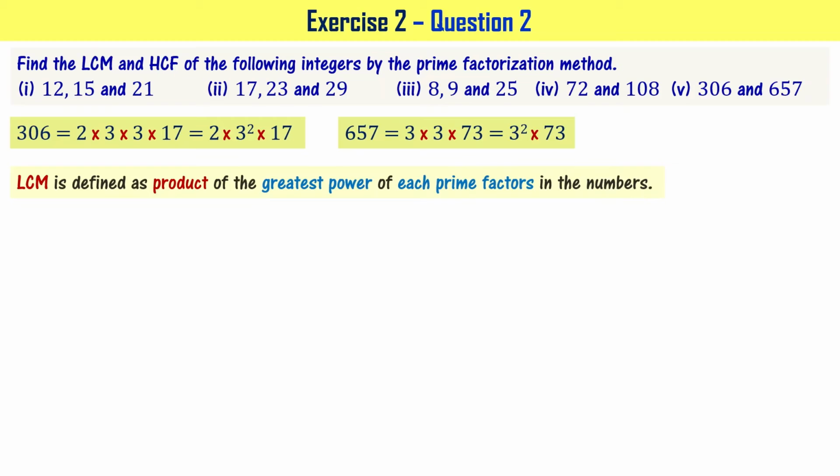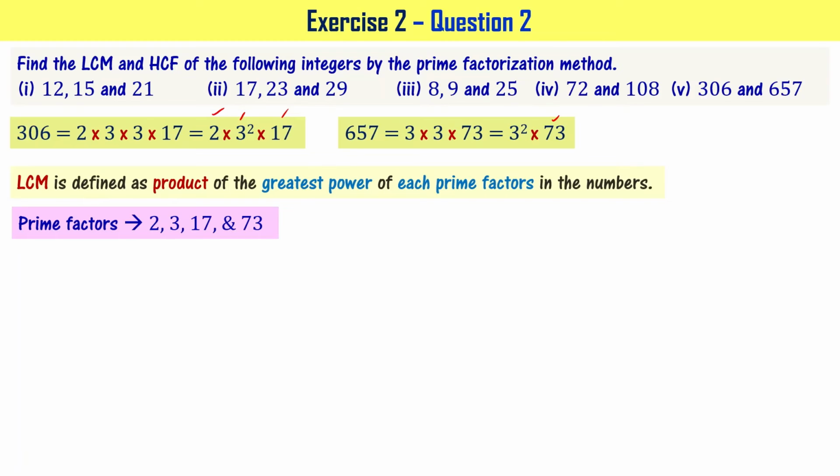Now, as per the definition of LCM, we have to find what are the prime factors involved. Those are 2, 3, 17 and 73, right? And what are their highest powers? And then take the product of those numbers.